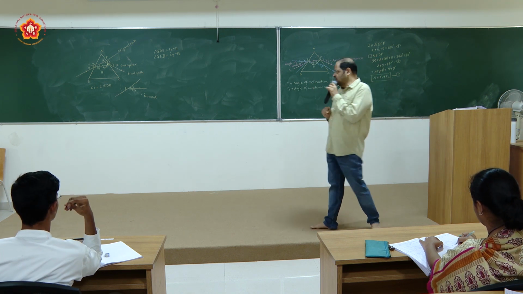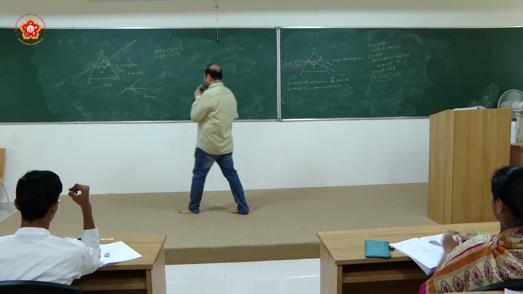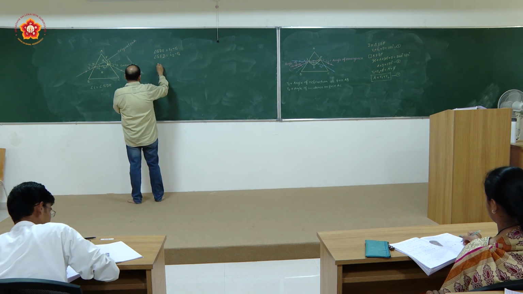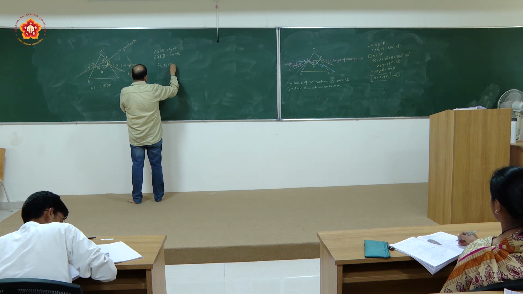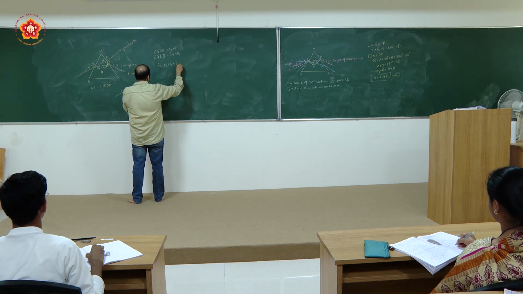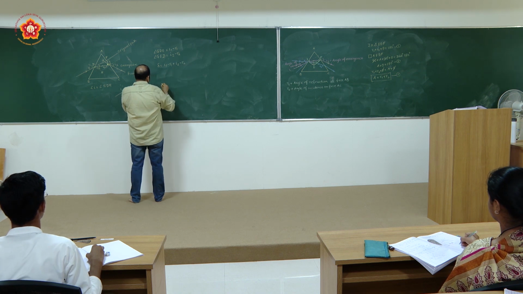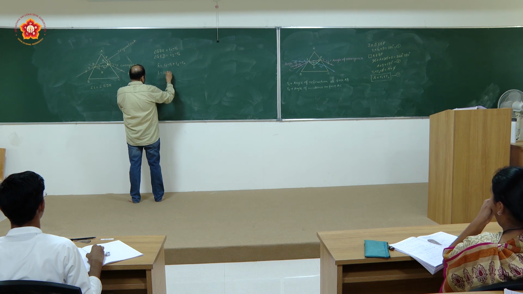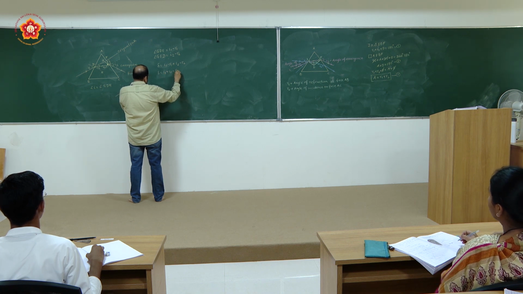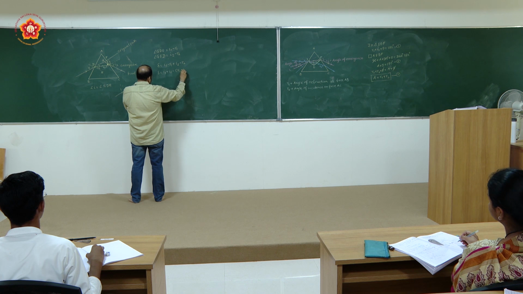Okay? Now, can I write down directly this relation that delta will be equal to I1 minus R1 plus I2 minus R2? So delta here would be taken as I1 plus I2 minus of R1 plus R2.